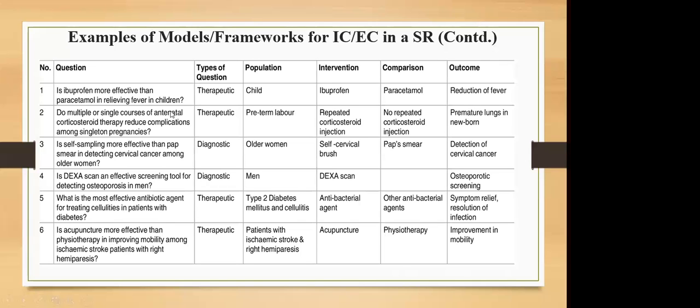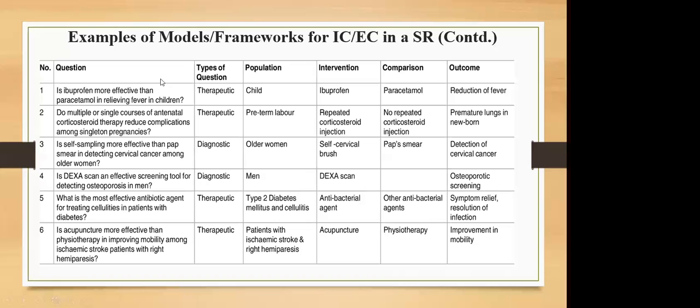Although I needed to stick to the ethics of this class, because this class is solely on inclusion criteria and exclusion criteria, the same model you use in formulating your inclusion and exclusion criteria should be the same model for your research question. So the question now is, is ibuprofen more effective than paracetamol in relieving fever in children? From this question, you should visually identify your research questions.